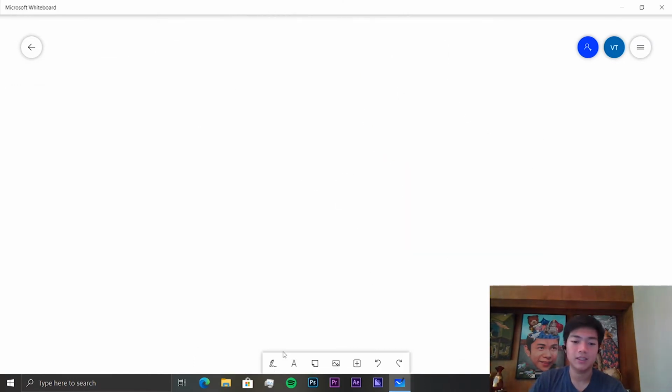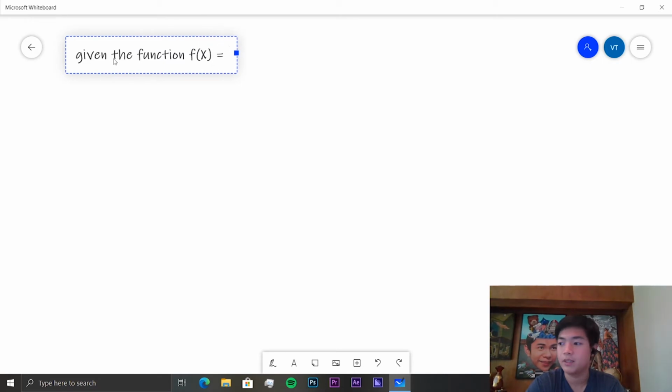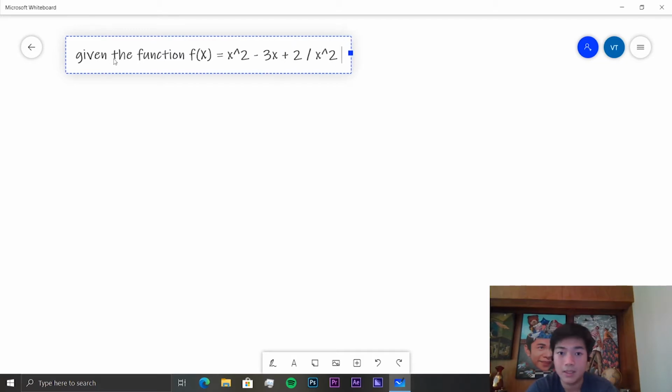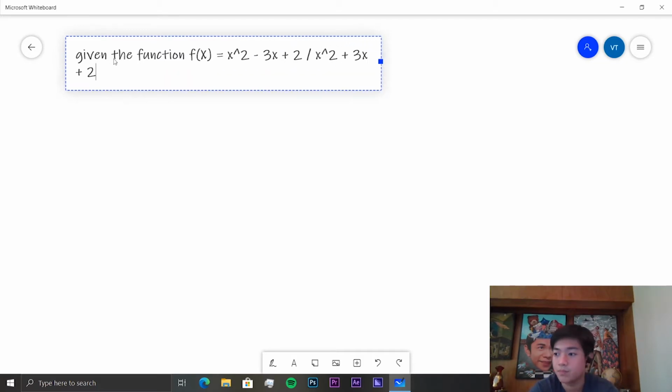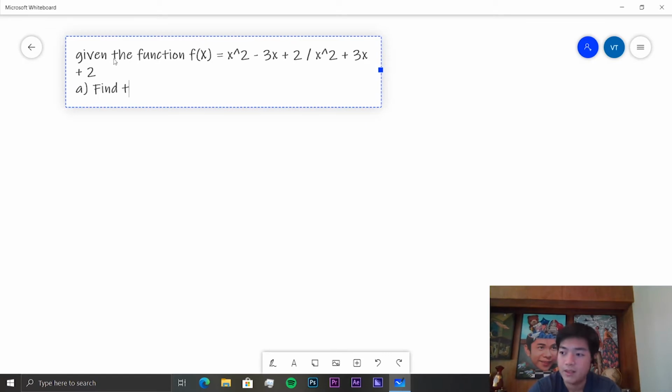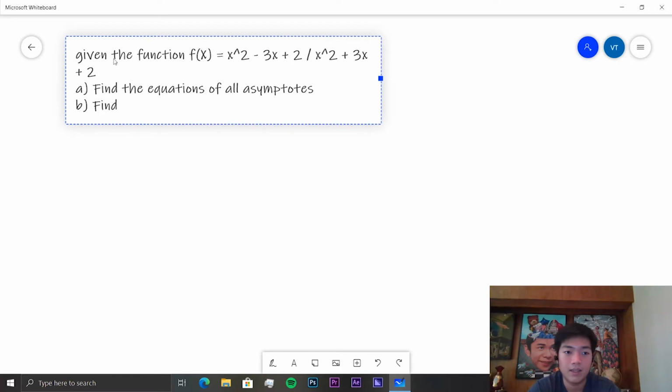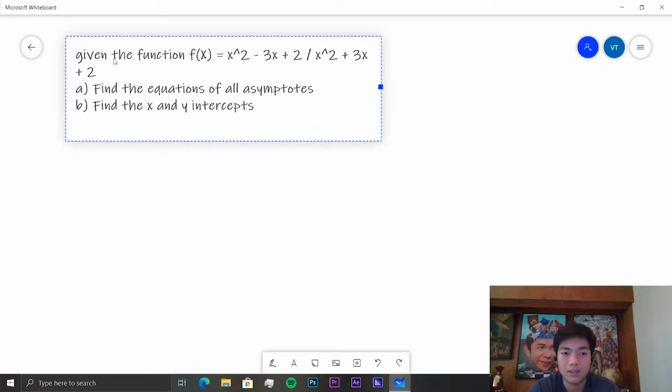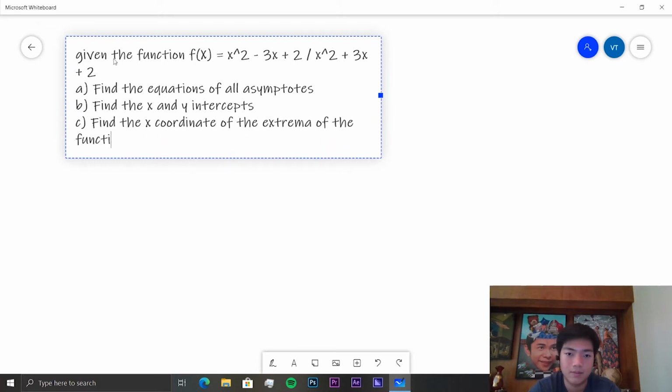The next question says, given the function f of x is equal to x squared minus 3x plus 2 divided by x squared plus 3x plus 2, find the equations of all asymptotes, find the x and y intercepts, and find the x-coordinate of the extrema of the function.